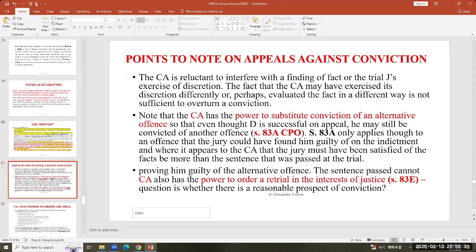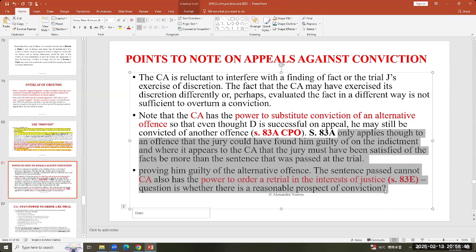So what can the Court of Appeal do? Well, it can overturn a finding of fact, but it will do so reluctantly. It can substitute a conviction of an alternative offense. And then I think this bit here, there's some errors here. So what I'll do is I'll revise the slide and I'll get Bessie to post up the revised slide for you, as there are just some typos.